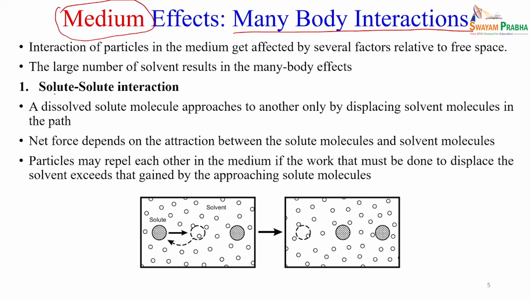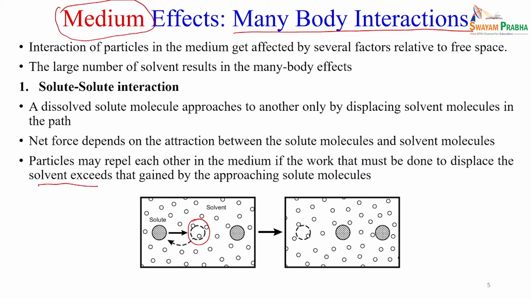What we are seeing here is a dissolved solute molecule approaching another solute molecule. If it is approaching, it has to displace the solvent molecules. The net force depends on the attraction between the solute molecules as well as between the solute and solvent molecules. So, there are two interactions, and particles may repel each other in the medium if the work done to displace the solvent is higher.